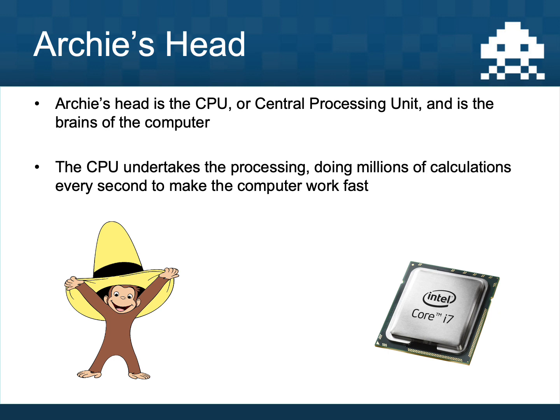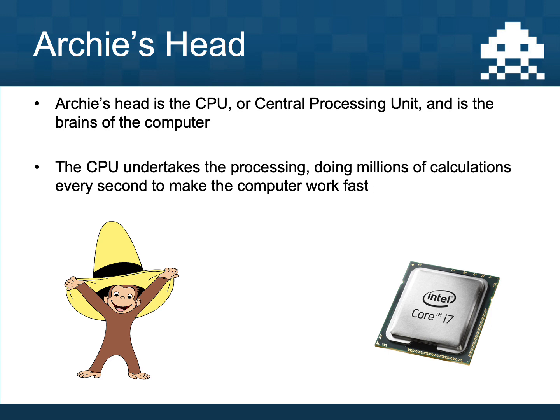So, Archie's head is used to represent the CPU, and the CPU is the central processing unit, and that is the brain of the computer. So just like us, the computer has got a brain, and we represent that using Archie's head. The CPU, or the brain, undertakes the processing by doing millions or billions of calculations every second to make the computer work really, really fast.